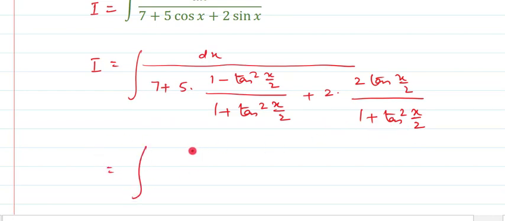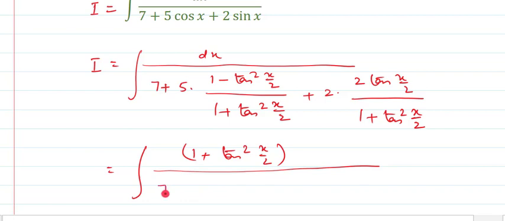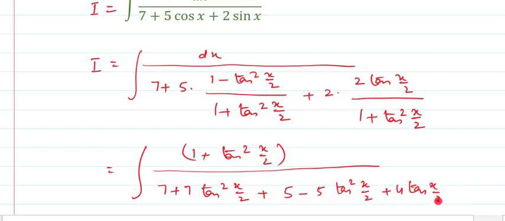So LCM is very easy and we are left with tan square x upon 2 upon 7 plus 7 tan square x upon 2 plus 5 minus 5 tan square x upon 2 plus 4 tan x upon 2 dx.